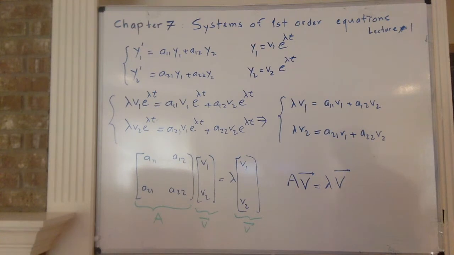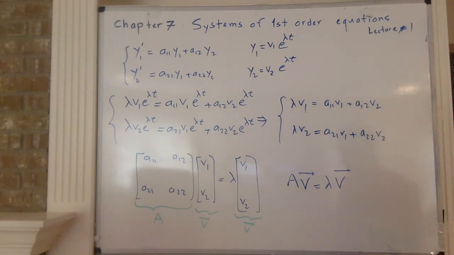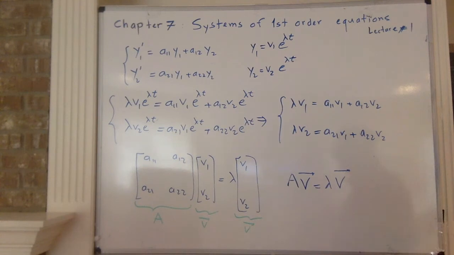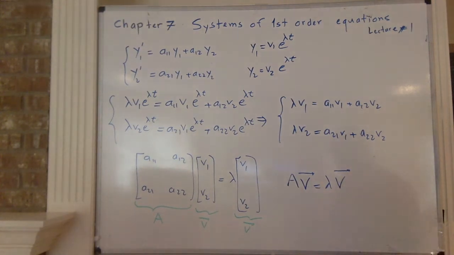This is telling me that if the two solutions are going to look like those two, then this should be satisfied. The only thing we know is A; lambda and V are unknowns.